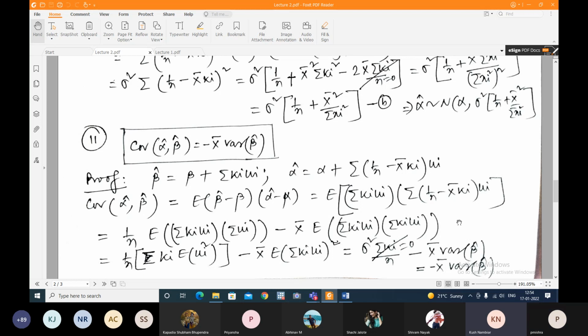One is that when we are estimating alpha hat and beta hat, these two estimators, if they satisfy the desirable properties, then three things will happen. One is mathematical expectation of alpha hat would be equal to alpha. That means even if a particular alpha hat is not equal to alpha, their average is equal to alpha.